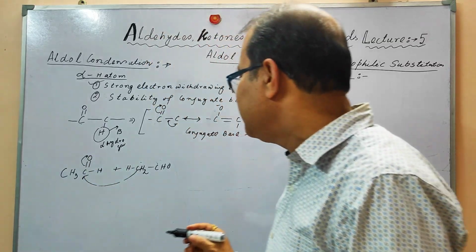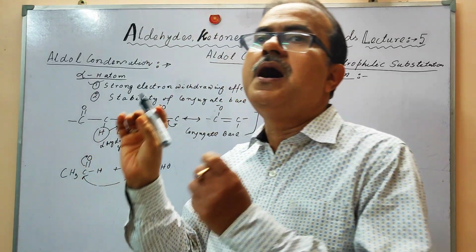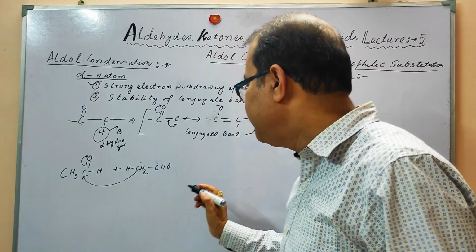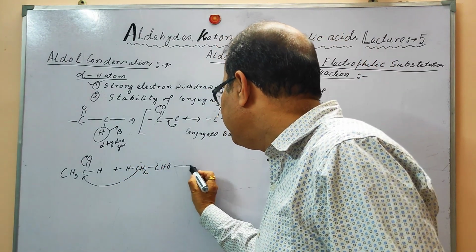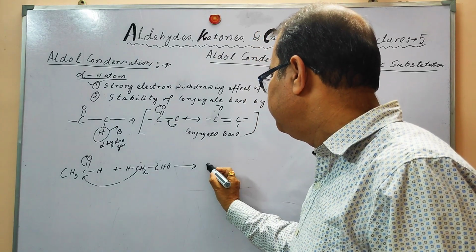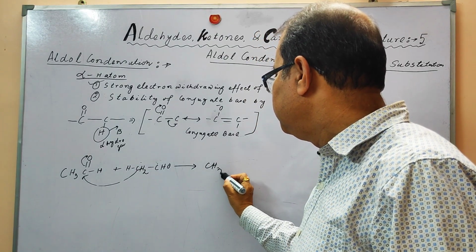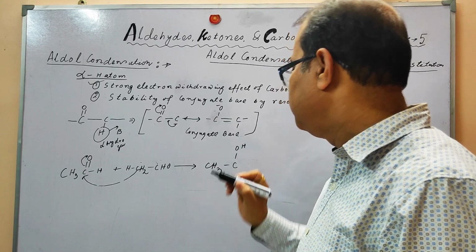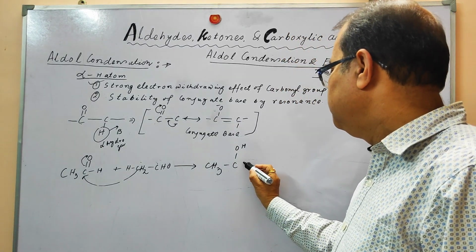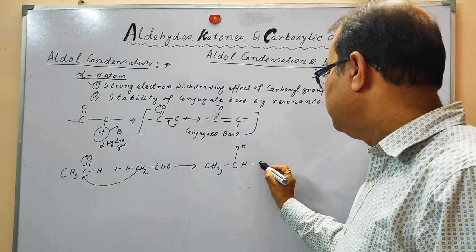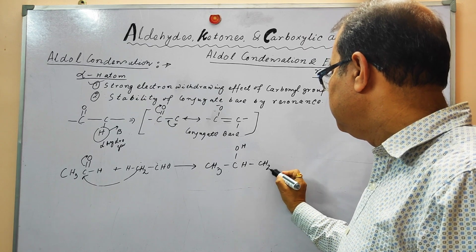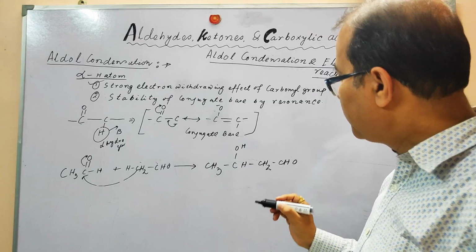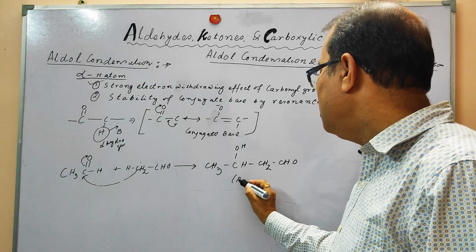It is negatively charged, and it will take up a hydrogen ion, H plus, from the reaction medium, and it is going to give this product. And this product name is aldol.